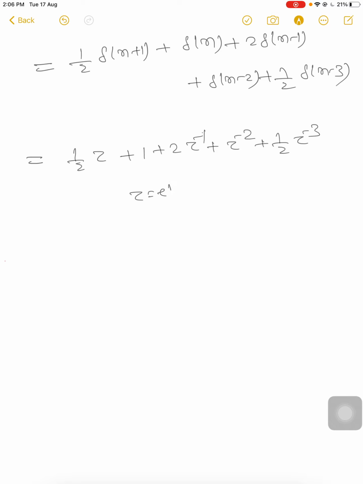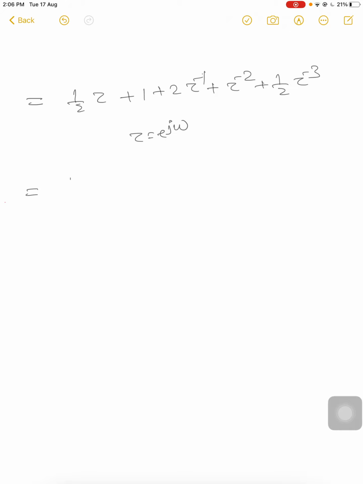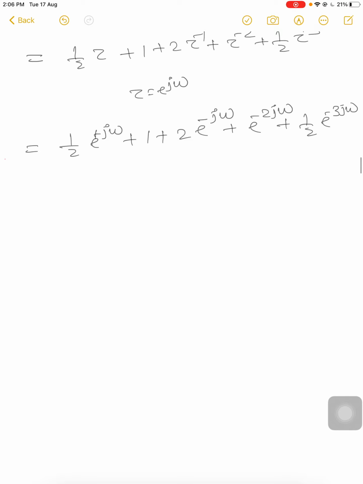Put z is equal to e to the power j omega, then half e to the power minus j omega, plus 1, plus 2 e to the power minus j omega, plus e to the power minus 2j omega, plus half e to the power minus 3j omega.